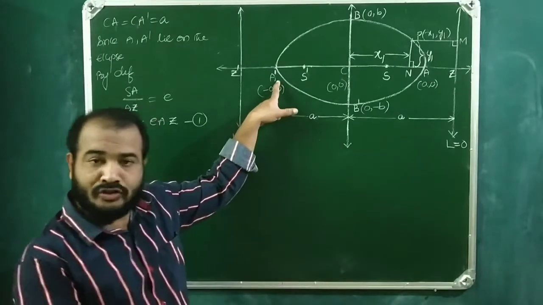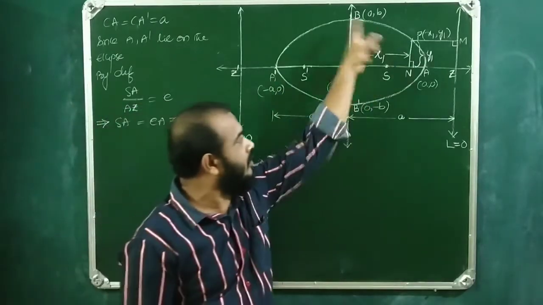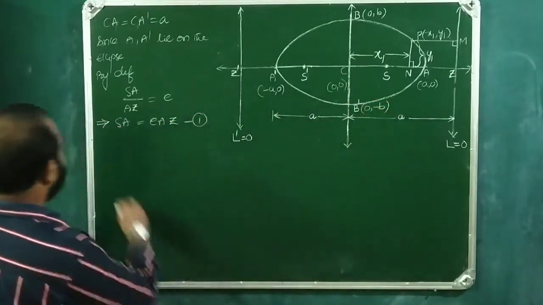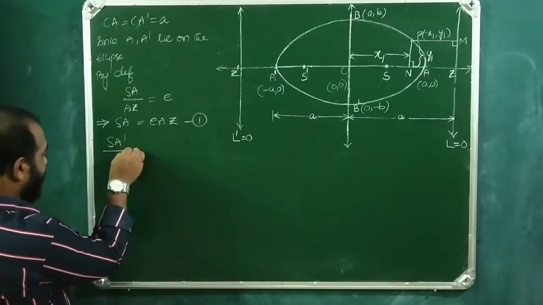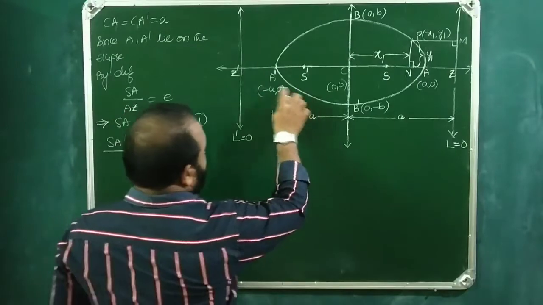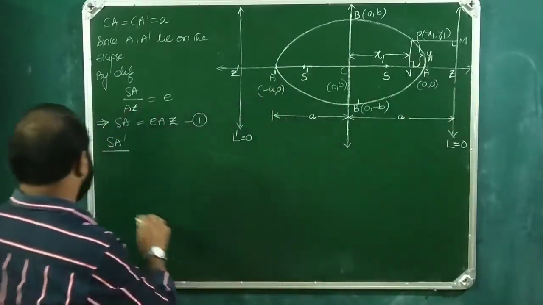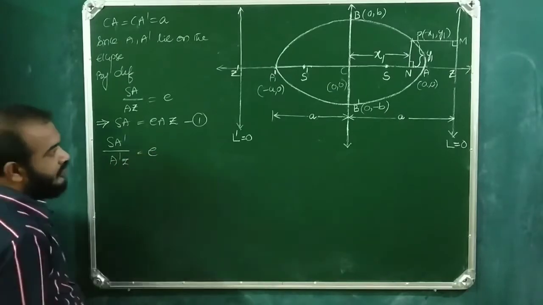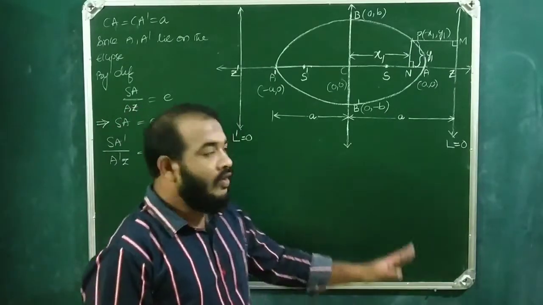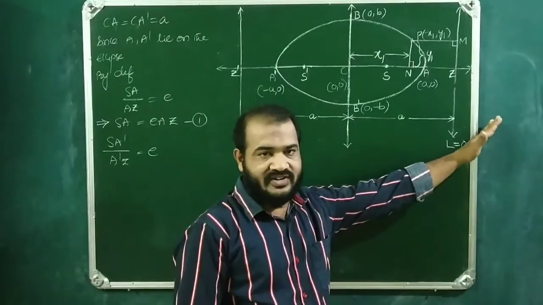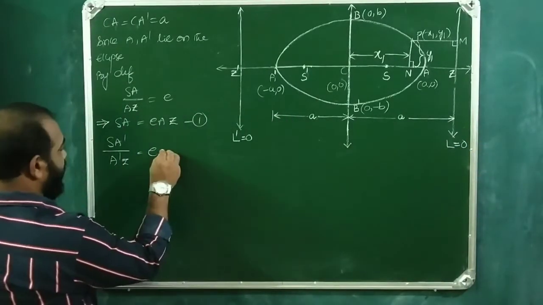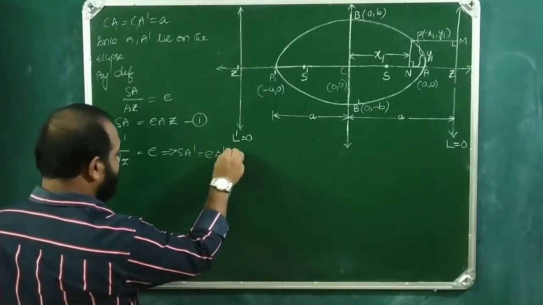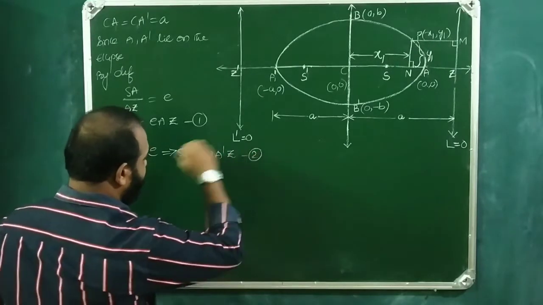Likewise, A dash is also a point on the same conic, which is ellipse. Its distance from a fixed point SA dash by A dash Z is equals to E. From this, SA dash is equals to E A dash Z. This is second.